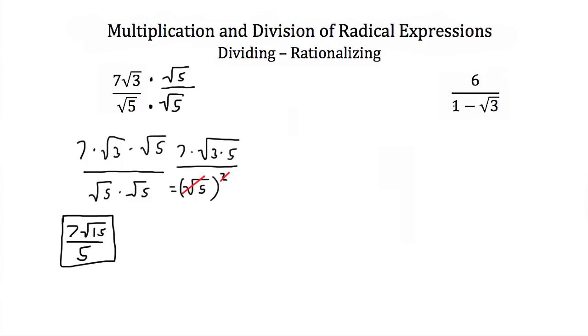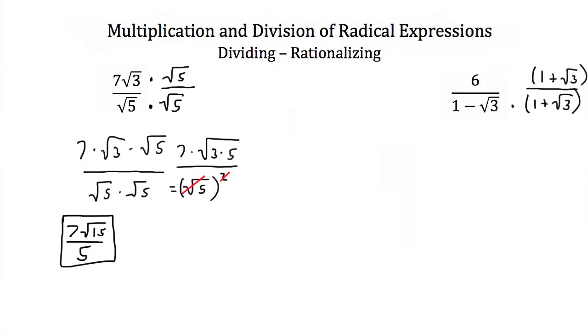So because I have a binomial here in the denominator, I'm going to have to multiply this denominator by its conjugate. Or I'm going to multiply this by 1 plus the square root of 3. And if I multiply my denominator by 1 plus the square root of 3, I have to multiply my numerator by 1 plus the square root of 3.